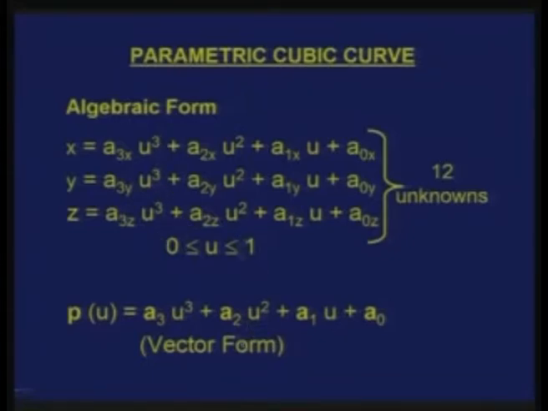Then A2 basically represents A2x, A2y and A2z, and similarly other parameters. So, the same set of 3 algebraic equations which are shown here, I can also represent in a vectorial form, as it is shown here. This is one of the very common ways to represent a parametric curve.